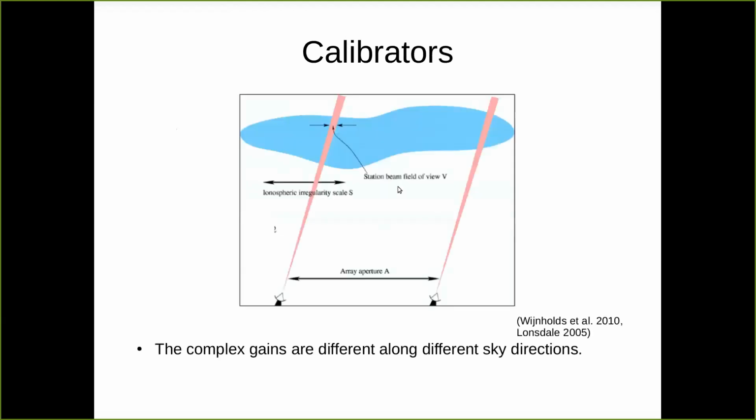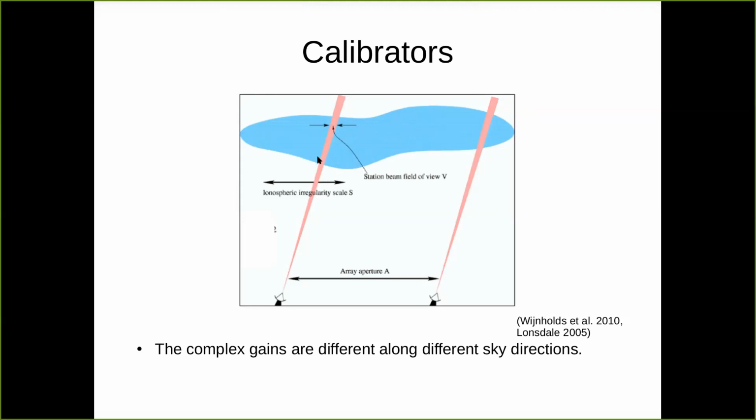Why is that? Prasun already mentioned the ionospheric propagation effects, and these effects are different along different directions. You want to calibrate the effects along your target field. Suppose this is the ionospheric irregularity scale, and your calibrator is somewhere else. Then the gain solution you get for the calibrator will not be the same as what you want for your target field.